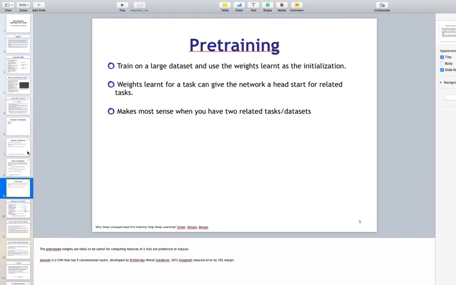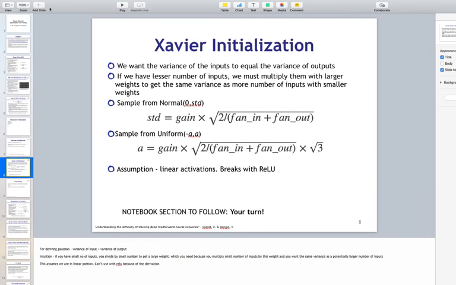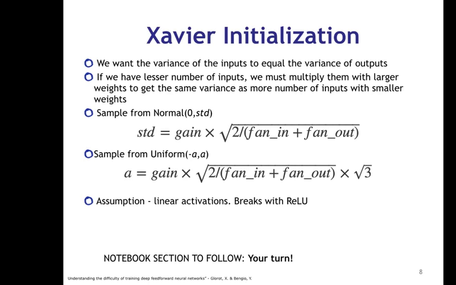So this is the Xavier initialization. For now, you can just assume that gain is 1. And fan in and fan out are basically the number of connections coming into the layer and going out of the layer. So you can try to infer that locally.